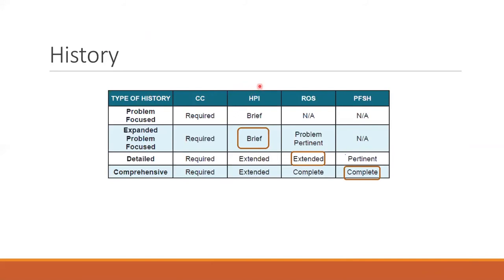History of present illness can be problem-focused, expanded problem-focused, detailed or comprehensive. Review of systems follows the same type of logic. And the degree of review of systems and history that you document can determine how detailed or comprehensive your history was. And that's used to codify and assess whether or not you're choosing the right code.